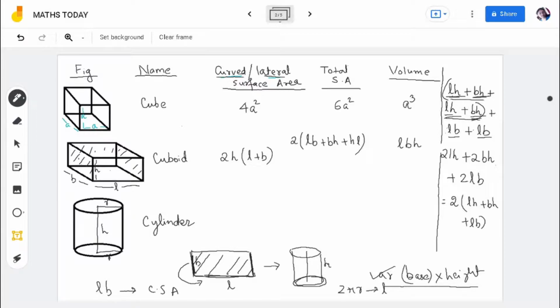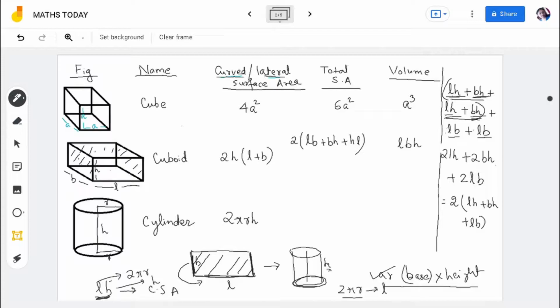So what is LB? L becomes 2 pi r, as I just told you how it becomes the circular part of the length, and the breadth has been converted into the height. So instead of LB, L can be replaced by 2 pi r and B can be replaced by H. So the curved surface area will become 2 pi r H, right?